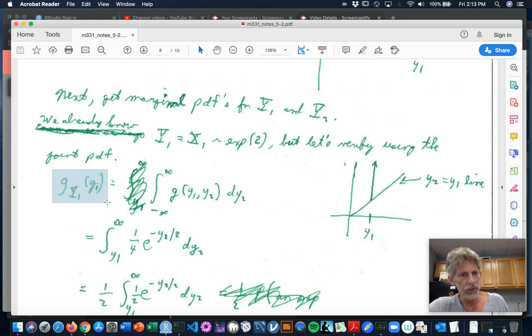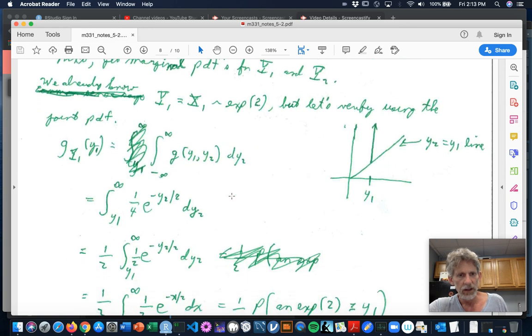So I'll call the marginal g sub y1. At any possible value little y1, by definition, it's integrate over the real line the joint, dy2. Now remember, y2 is at least y1 on the support, so I only have to go y1 to infinity. So I've got this integral to do.